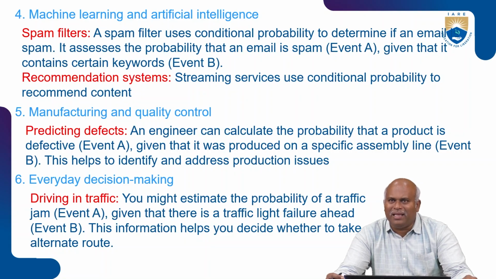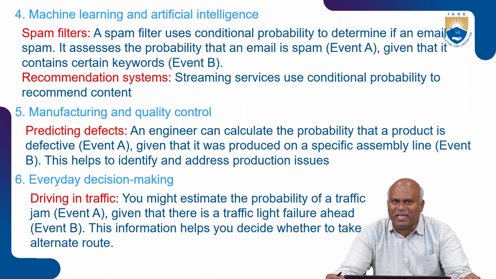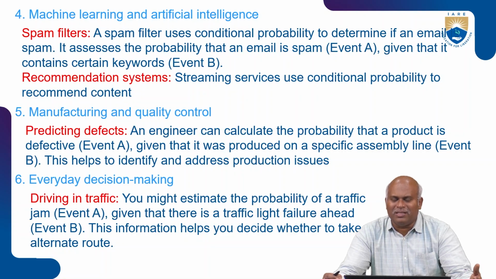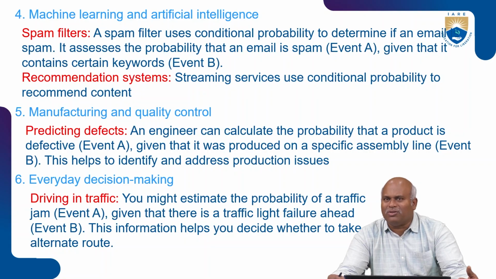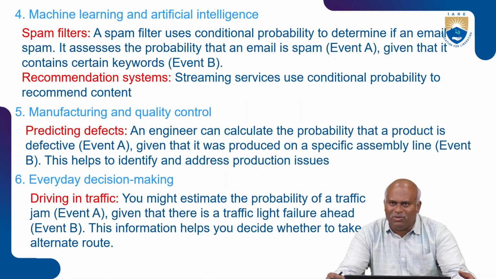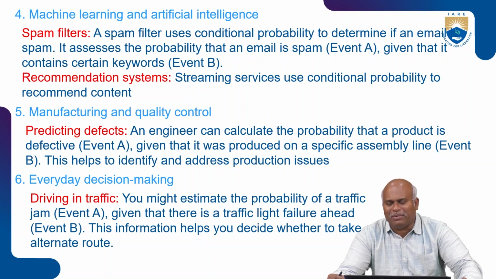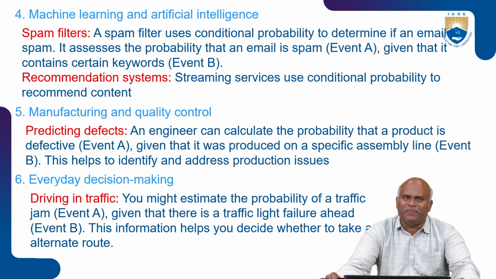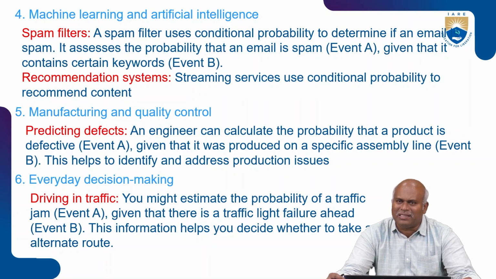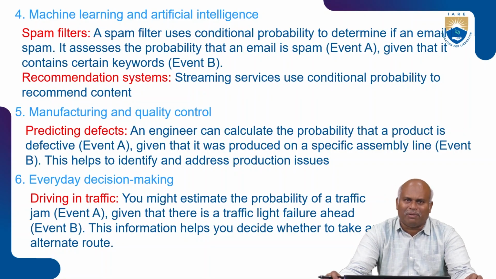When a mail is represented as spam, we can set certain keywords. Suppose the mail is not useful or is repeatedly sent, then we can mark that mail as spam. It automatically moves the spam out of the mailbox. Next, recommendation systems. Streaming services use conditional probability to make recommendations.